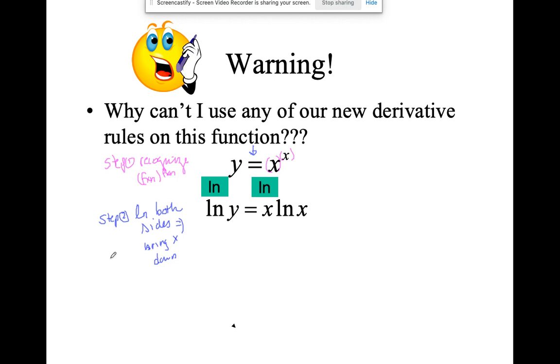Now, after that, what can I do? You have x's and y's, and you don't just have y equals, you have ln y. So step three, use your implicit rules.